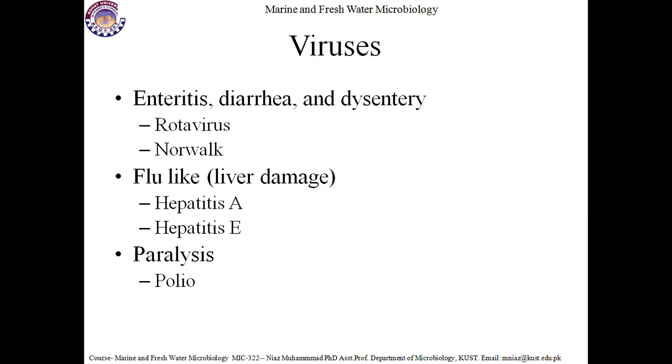And if you see, viruses are also causing enteritis, diarrhea, and dysentery, and the viruses involved are rotaviruses and Norwalk viruses, and flu-like liver-damaging viruses which cause hepatitis A and hepatitis E, and some cause paralysis. An example of a paralyzing virus is poliomyelitis.